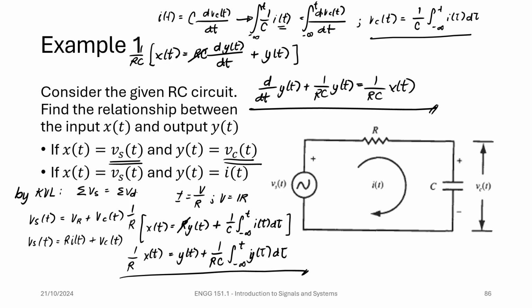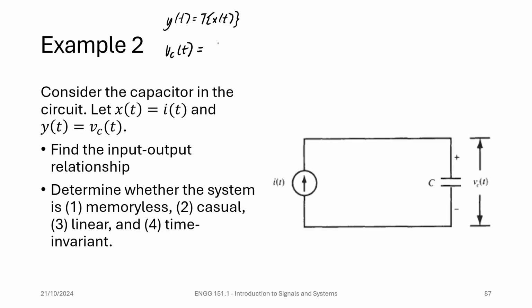From negative infinity to t of I tau d tau. Then let's change our variables. Since vc of t is equal to y of t and x of t is equal to I of t, we have y of t equal to 1 over c, we forgot that, 1 over c times the integral from negative infinity to t of x tau d tau.